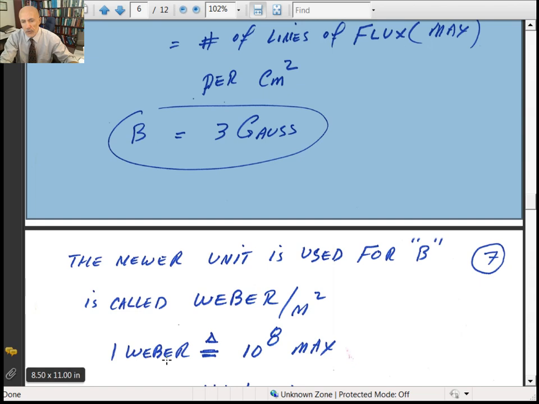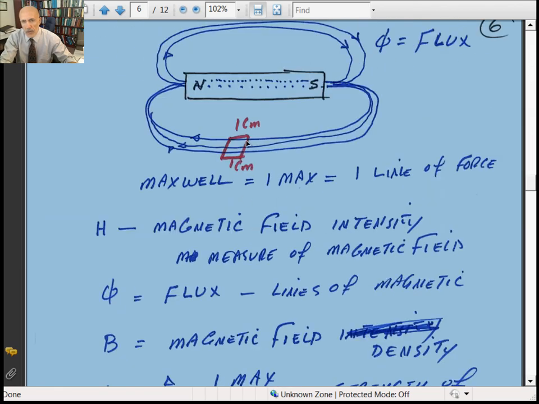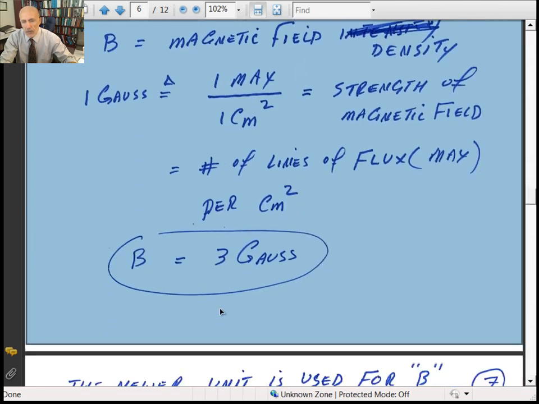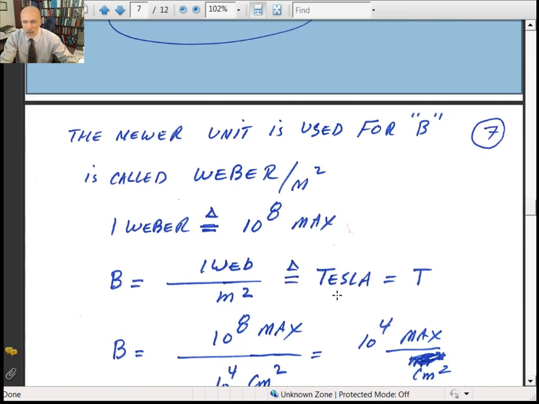It's just a larger unit. Instead of measuring per square centimeter, you're going to count the lines of magnetic flux that you have per square meter, the cross-sectional area of 1 meter square. And that's known as Tesla.